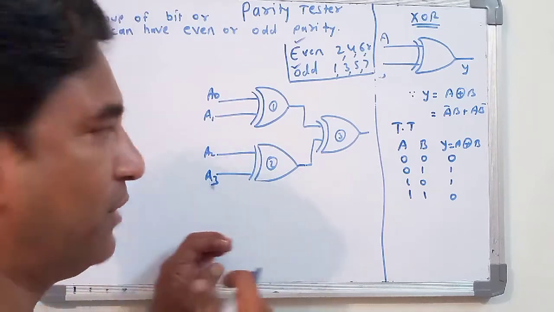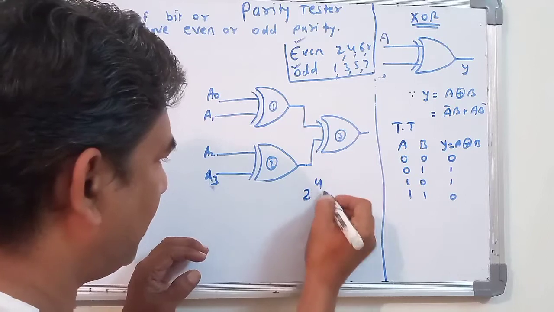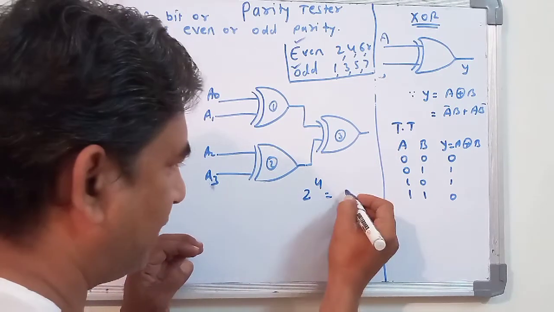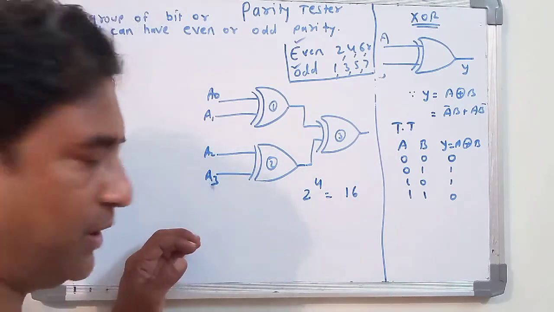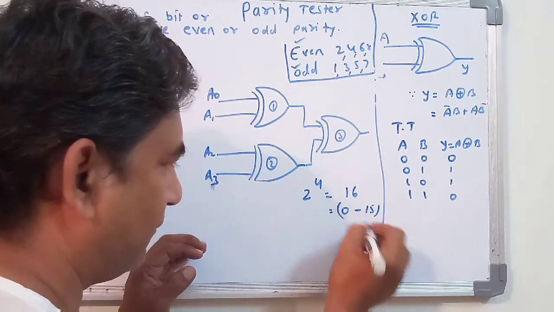Now how does it work? You have 4 variables, which means 2 raised to power 4 is equal to 16, since you have to mark from 0 to 15.